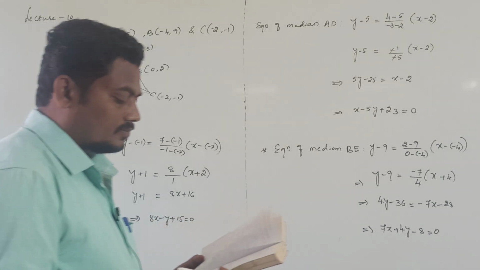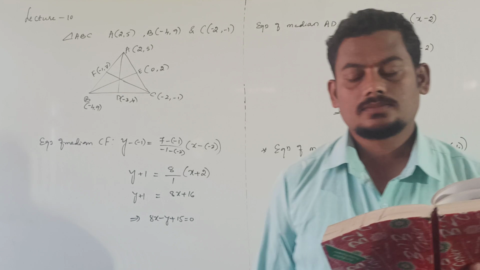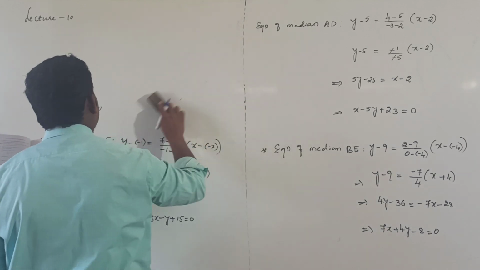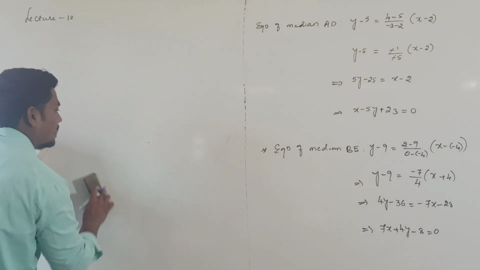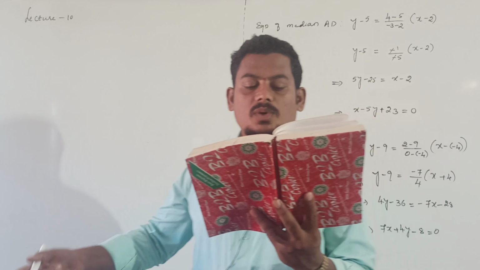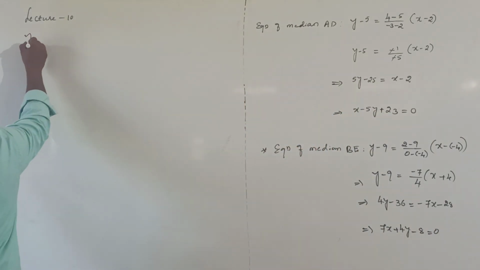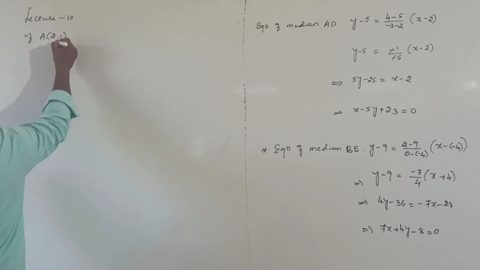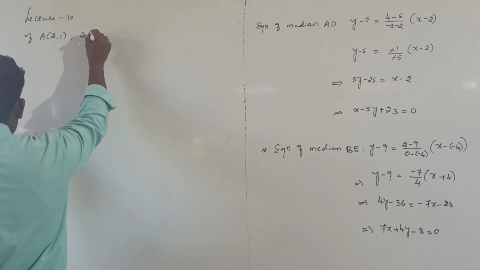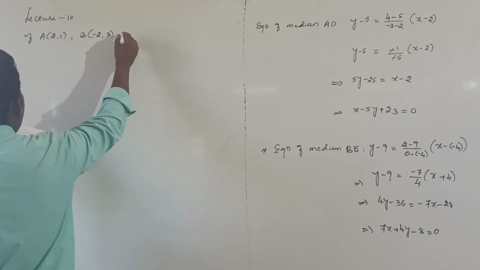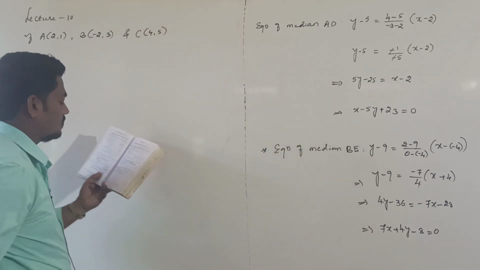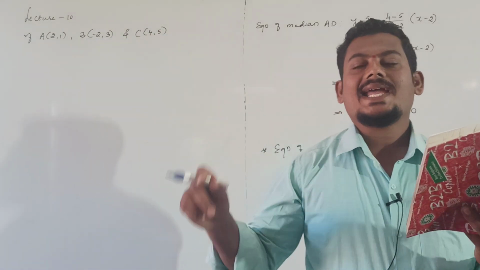Next question. If capital A of 2 comma 1, capital B of minus 2 comma 3 and capital C of 4 comma 5 are the vertices of triangle ABC.